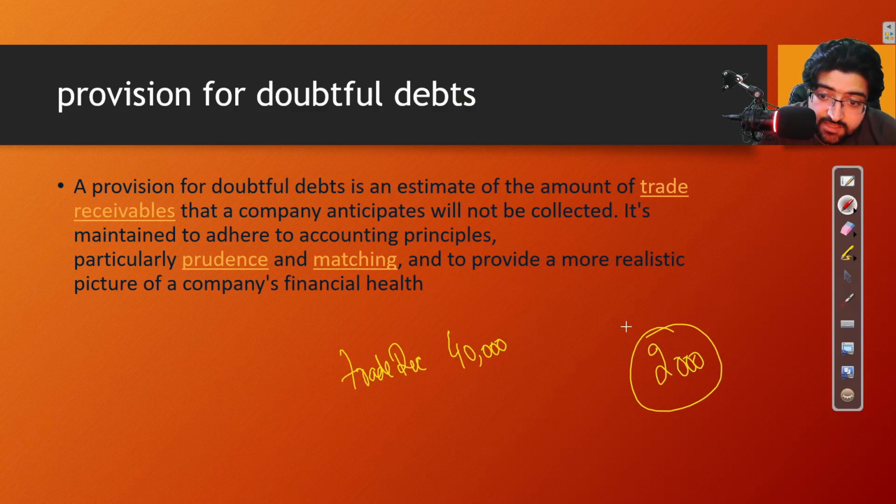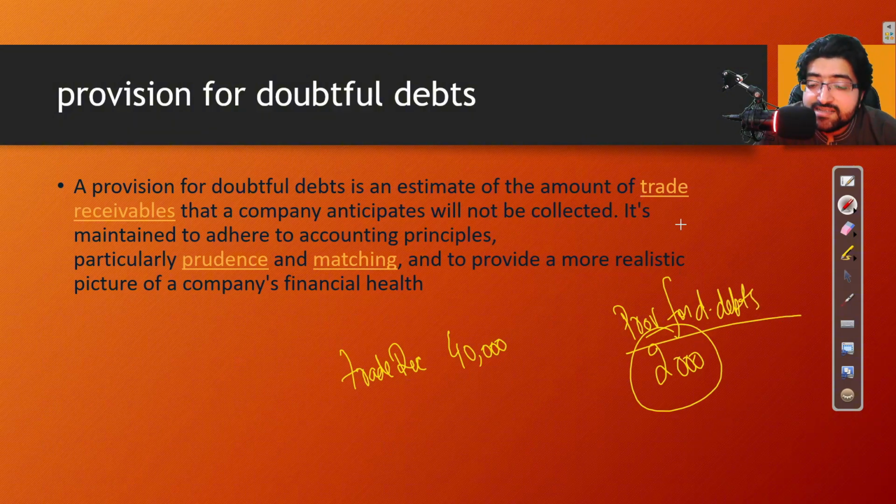Okay. So this is your provision for doubtful debts. You know from past experiences that out of this 40,000, we will not receive around $2,000. This is a provision. This is an estimate. You're anticipating that this amount will not be collected out of your trade receivables.